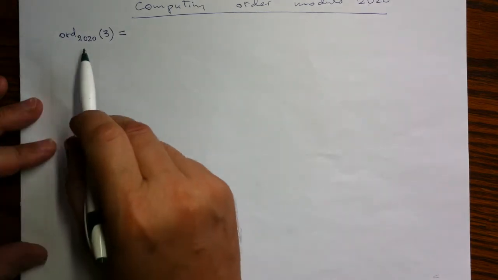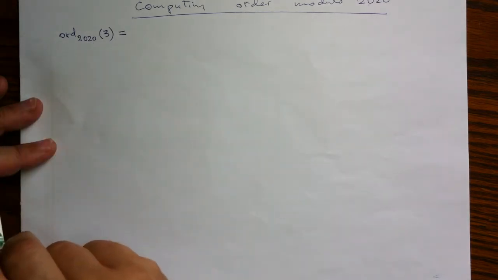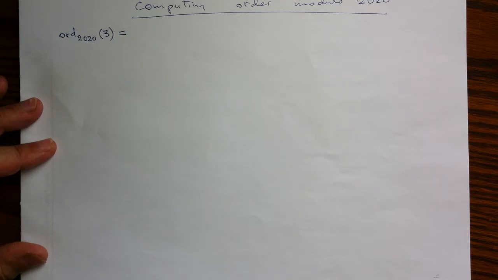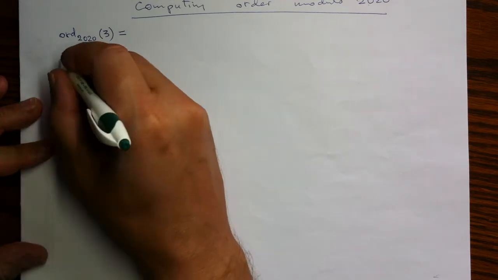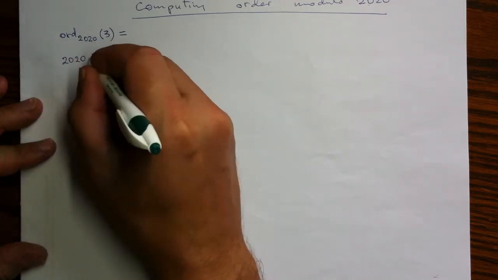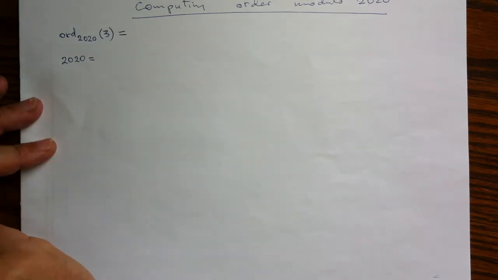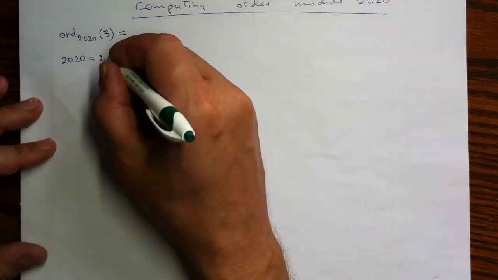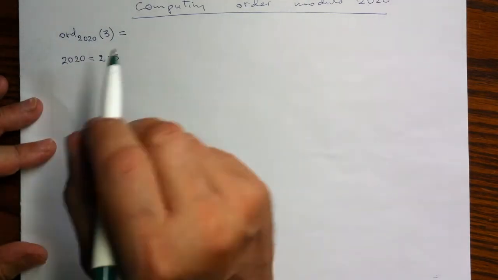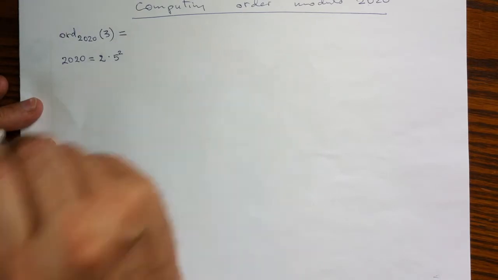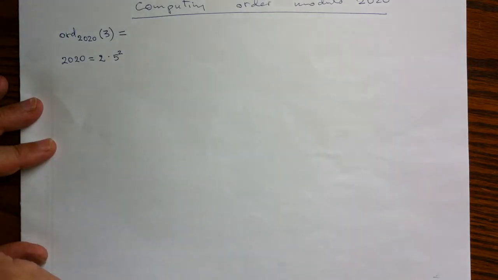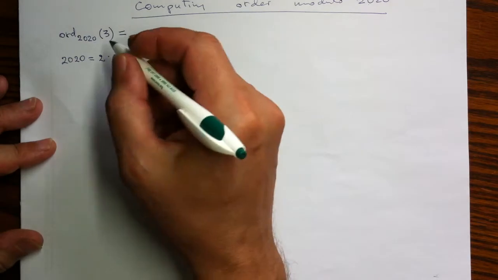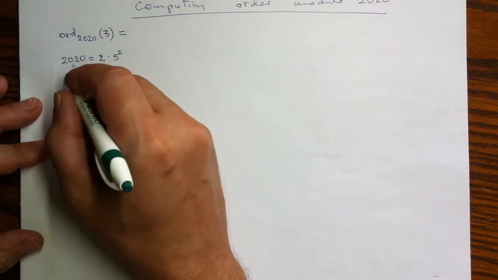The approach I'll use is to factor the modulus into the product of powers of primes, and that would involve 2 some number of times and 5. So the 5 will be squared, and the 2 will appear... okay, better do it in steps.